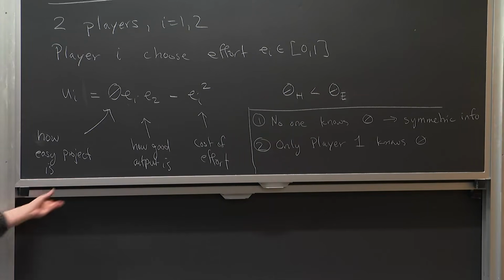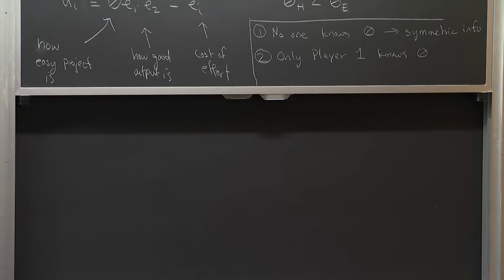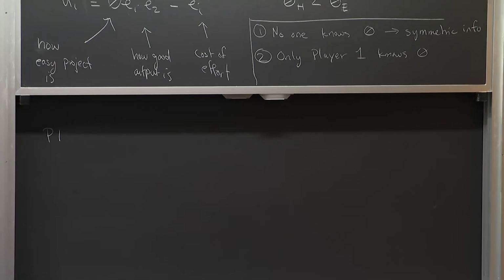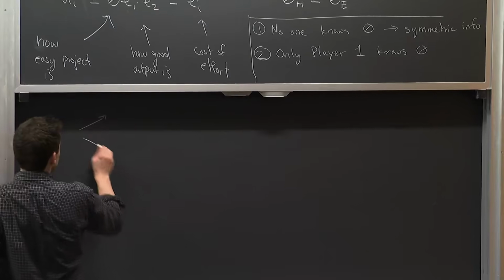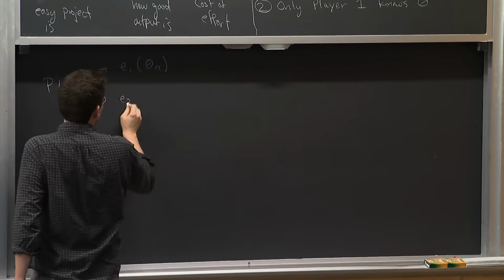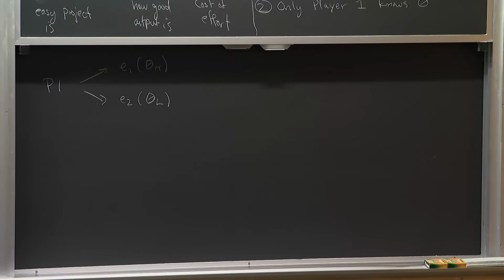So if only player 1 knows theta, let's see if we can start analyzing this game. Well, in case 2, player 1 is going to possibly make a different choice depending on how hard the project is. So player 1 is going to make maybe one choice, e_1 of theta_L, and a different choice, e_1 of theta_H, right?